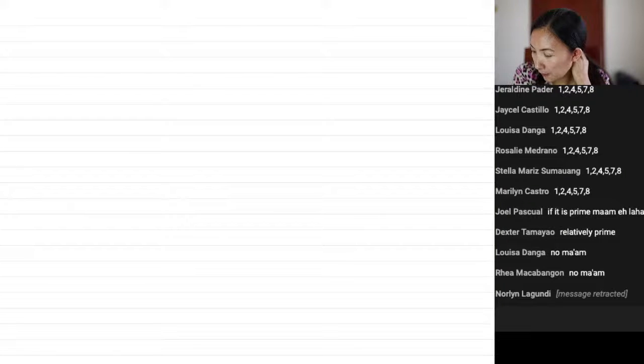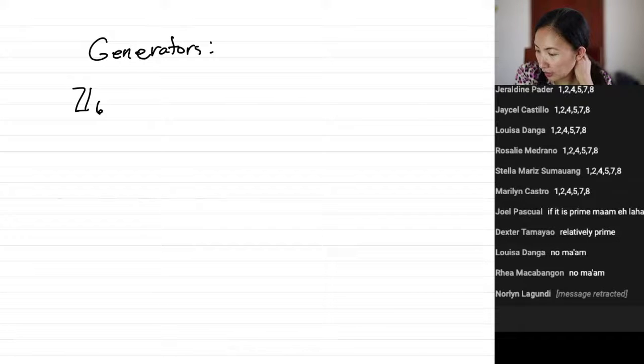Okay, so for generators, for Z sub 6, the generators are 1 and 5. Sorry. 1 and 5. Correct? For Z sub 8, we have 1, 3, 5, 7.